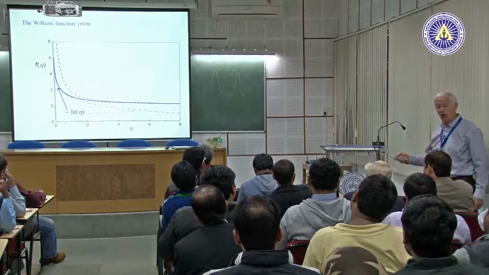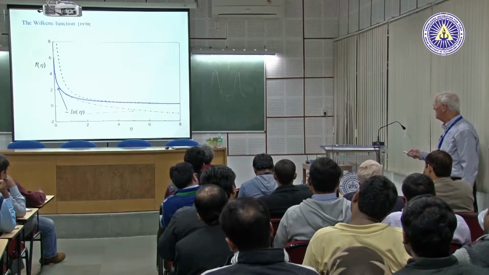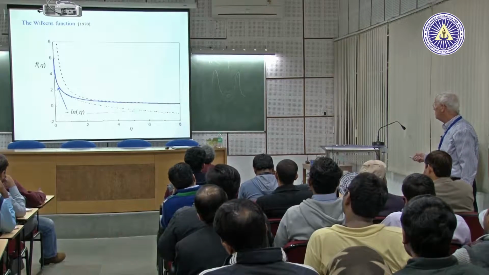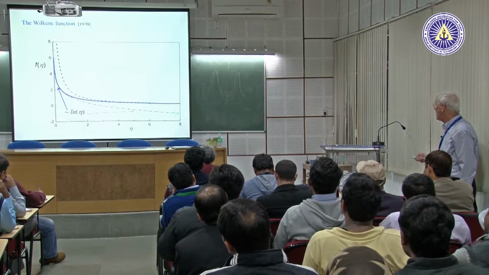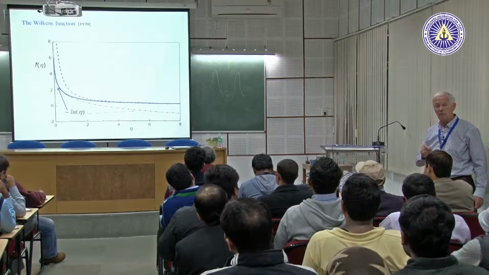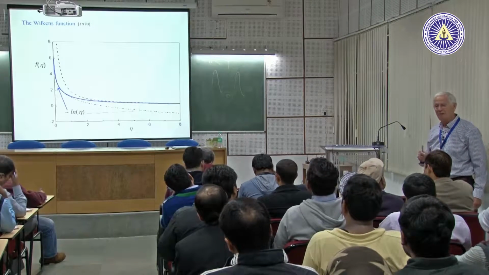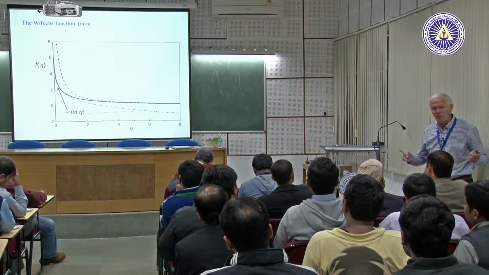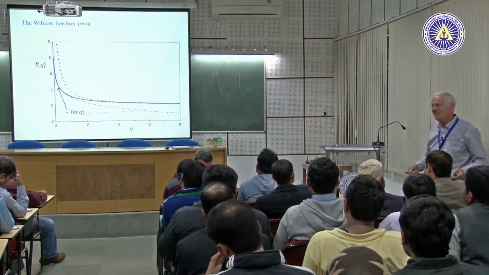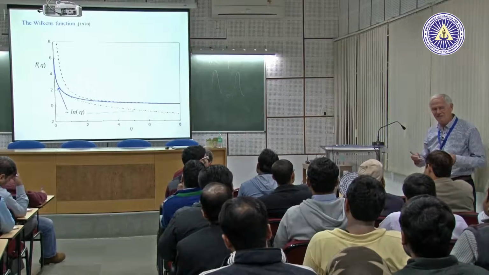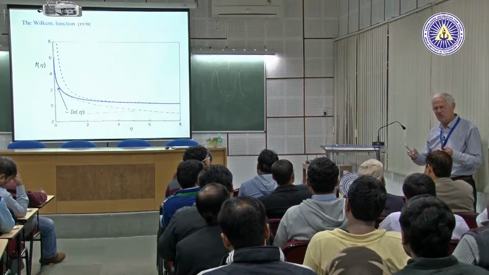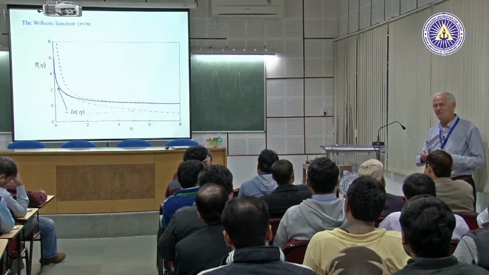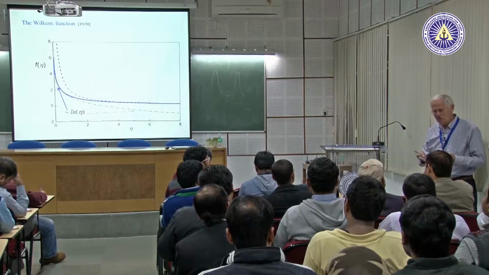Now the problem with the logarithmic term is that it goes down to negative values. Look, the double dot dash is the logarithmic formula, but the mean square strain cannot be negative. So Wilkens took the pain, calculated this mean square strain by a simple dislocation model.